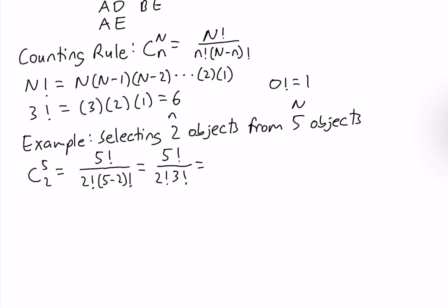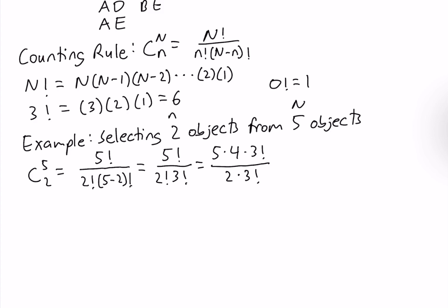Now let's look at how we can simplify this calculation here. 5 factorial, we could write it as 5 times 4 times 3 factorial. And in the numerator, we have that, and 2 factorial in the bottom, which is just equal to 2, times 3 factorial.